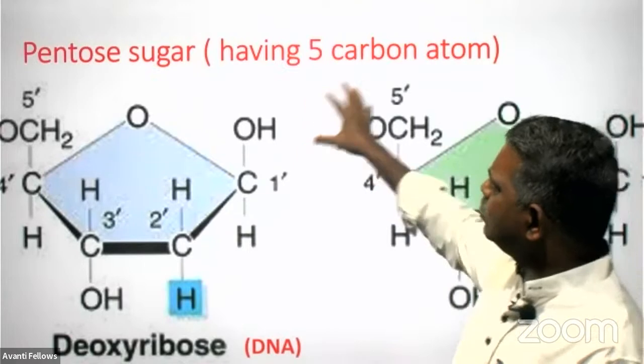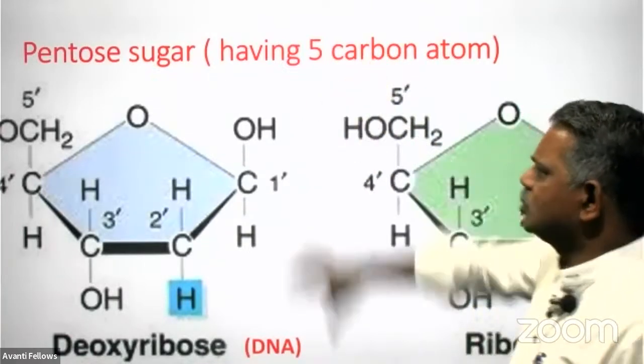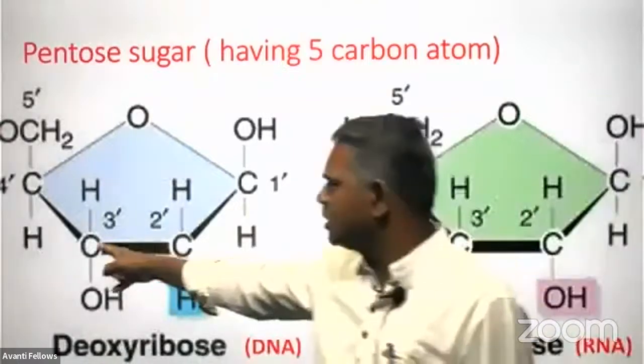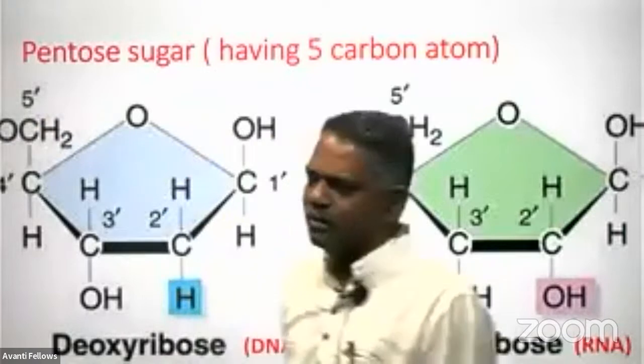Then come to the pentose sugar in both DNA and RNA, having five carbon atoms. Here you can see the first carbon atom, second carbon atom, third carbon atom, and that is the fifth carbon atom.